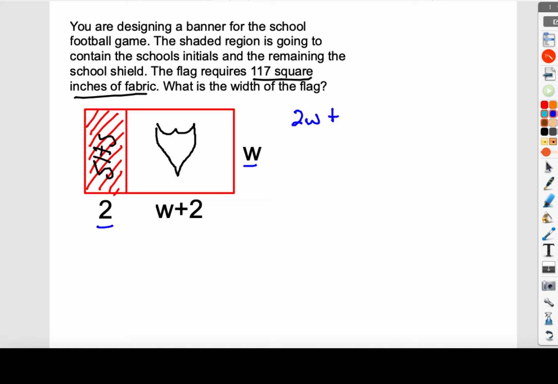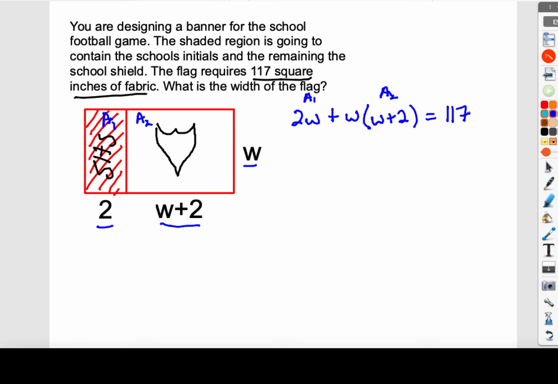And if we add that to the area of the shield region, which would be W times W plus 2, we're going to have to do a little distributing. Those two areas, area 1 and area 2, need to add up to 117 square inches.